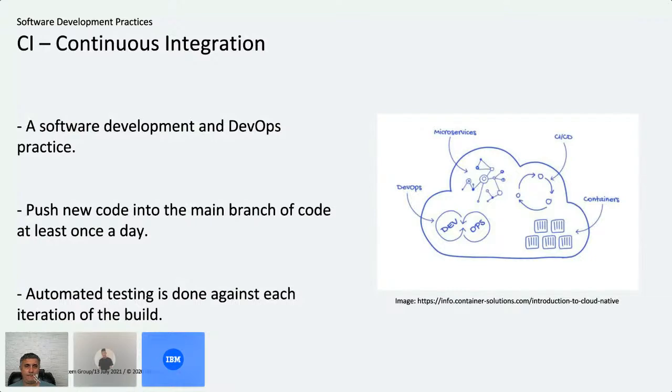We will talk about pipelines in much more detail later on. But regardless of how many changes we make in the repository, every version of your project needs to be built and tested accordingly, so automated testing is done against each iteration of our build.